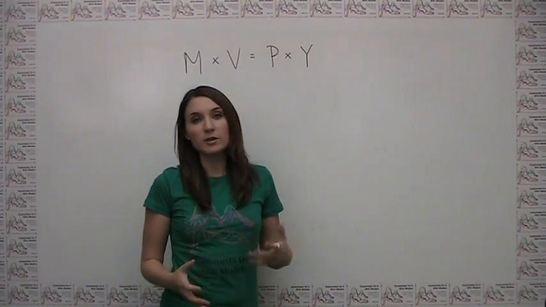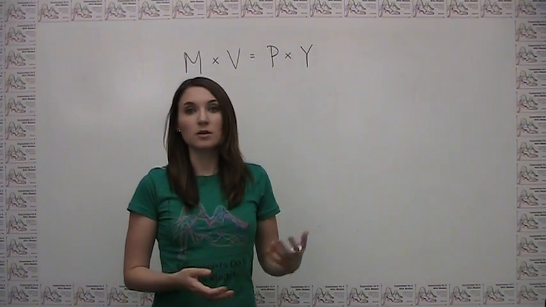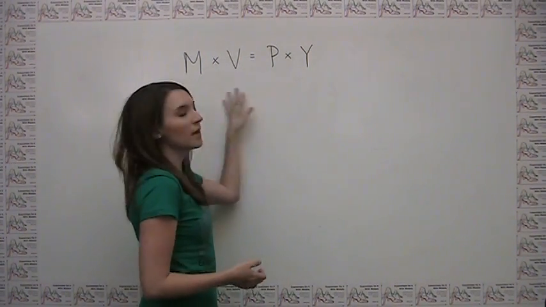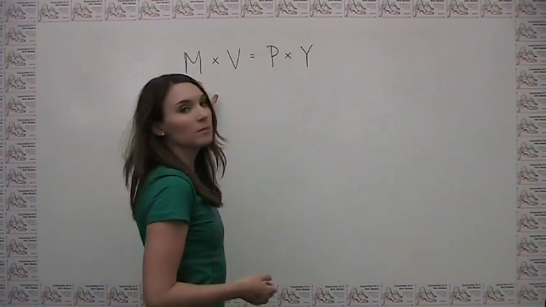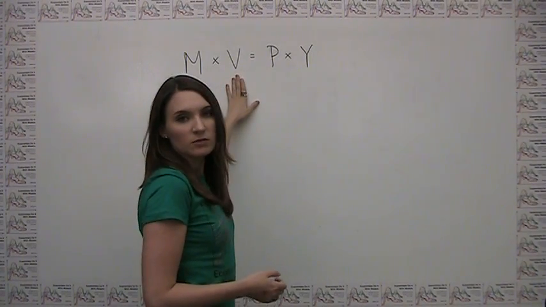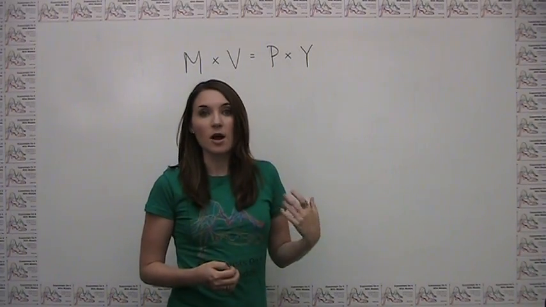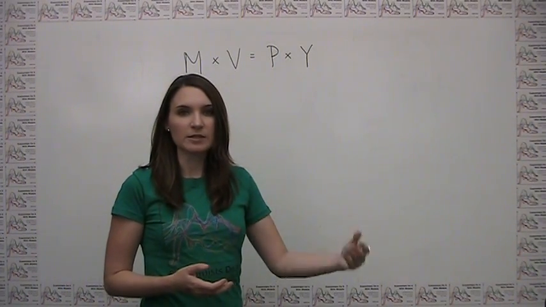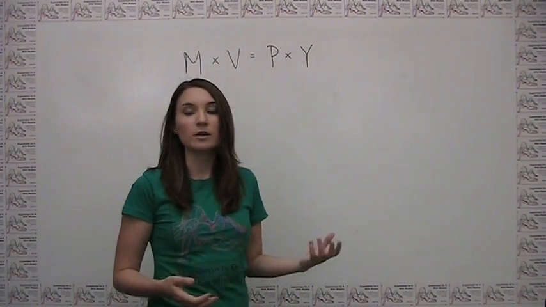In order to evaluate the quantity theory of money, we need to introduce what's called the quantity equation, which is what we have shown here. In this quantity equation, we have M, which represents the money supply. We've got V, which represents what's called the velocity of money, which is just on average how many times currency is exchanged for goods and services within a given period of time.